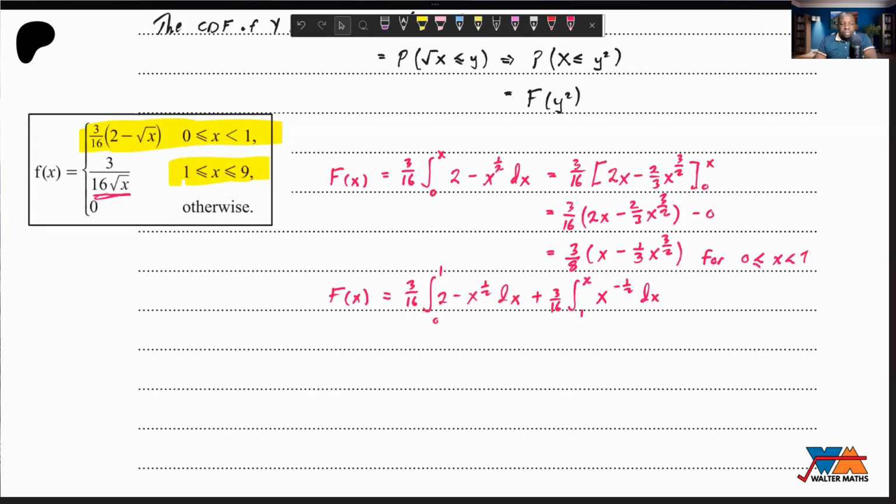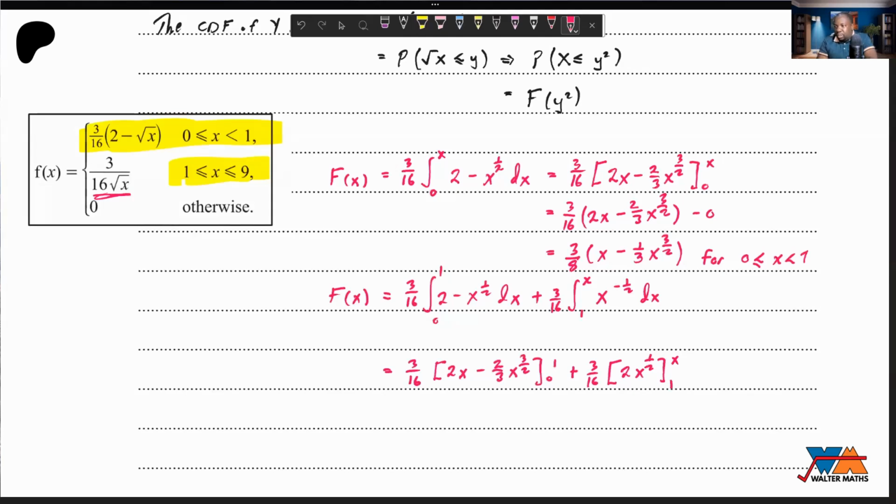So for this, that's going to be 3/16 of: integrating 2 will give us 2x, minus 2/3 of x to the 3 over 2, for 0 up to 1. And that's going to be plus 3/16 of, adding 1 here, we get 2x to the half, from 1 up to x.